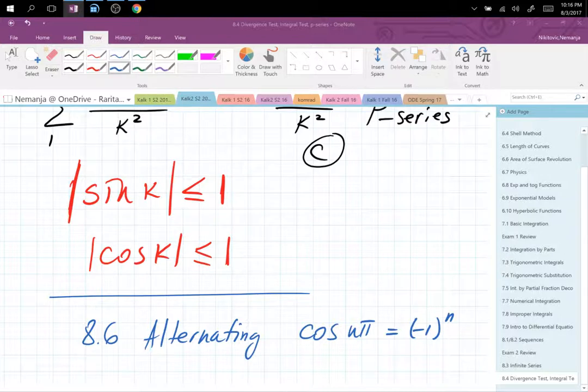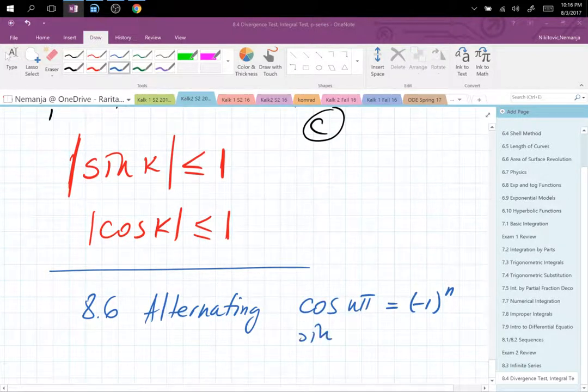So cosine n pi and also sine of n pi over 2, right? Because that one also would play 1, negative 1, 1, negative 1. So sine n pi over 2 will also give you this kind of term.